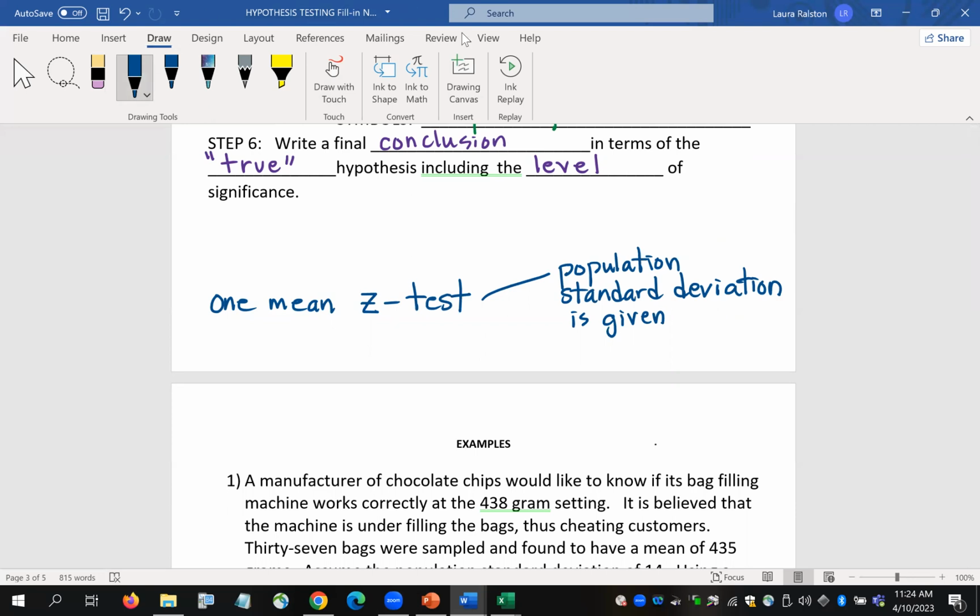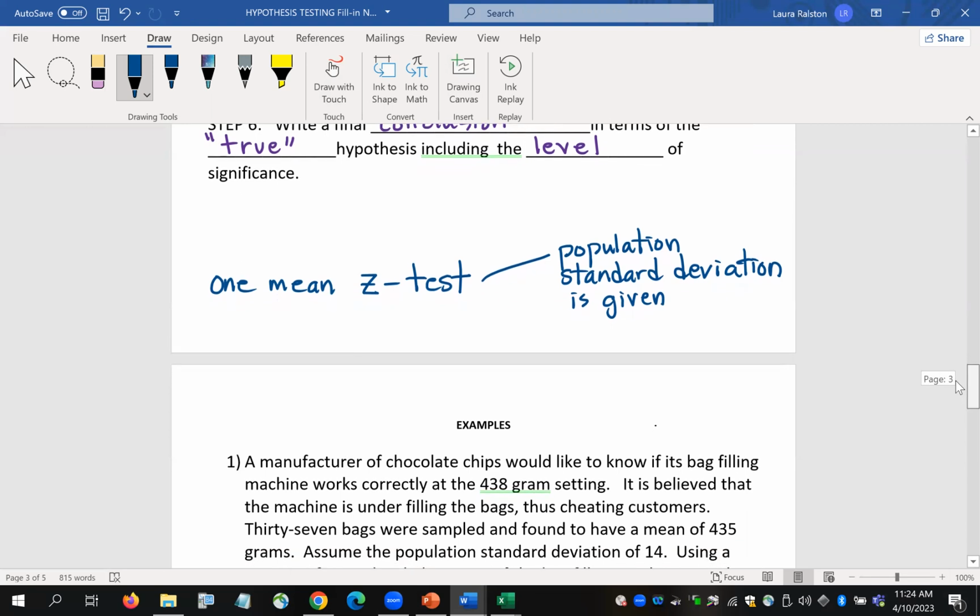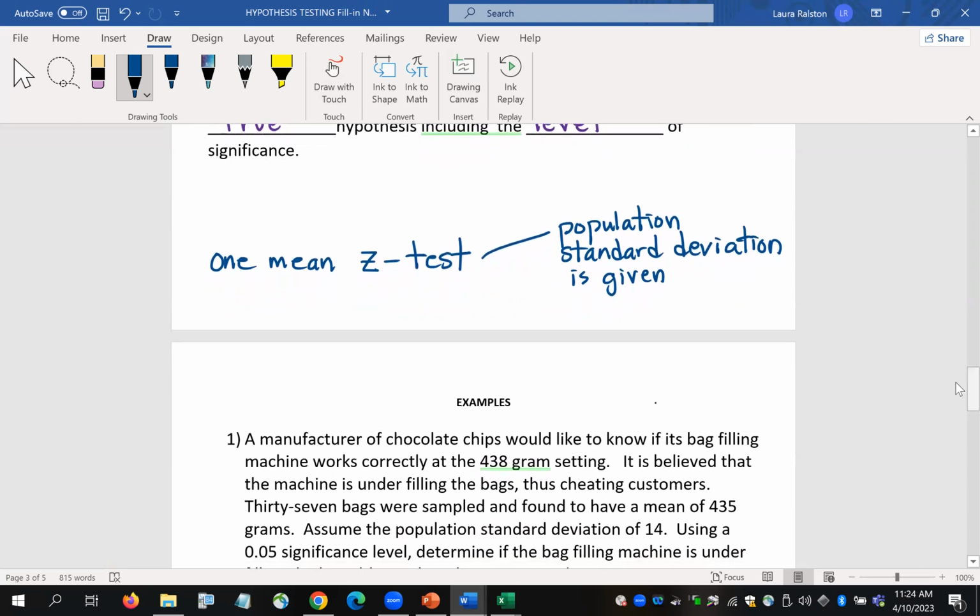Now, I would say that this process has the same steps: state the hypotheses, identify the players, calculate the test statistic, make a decision, and write your conclusion.